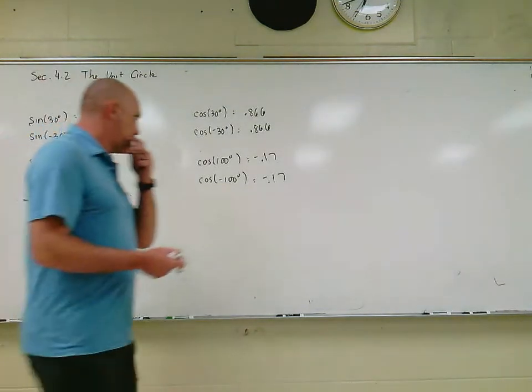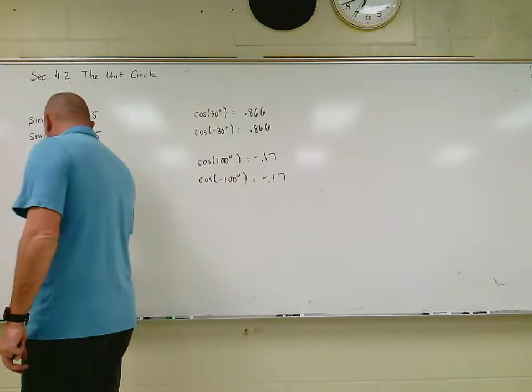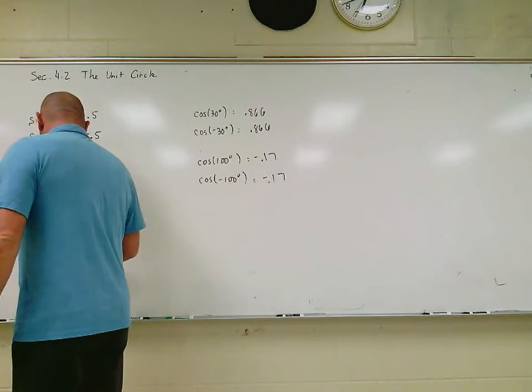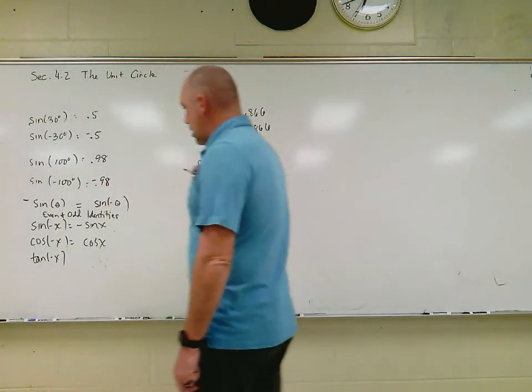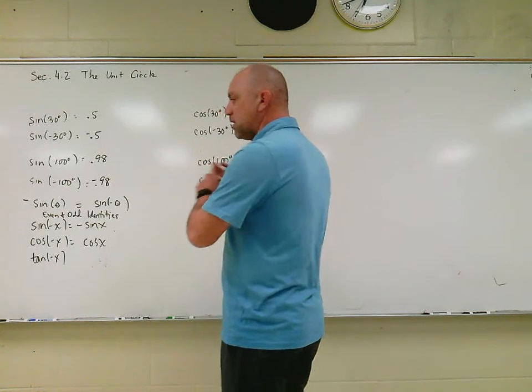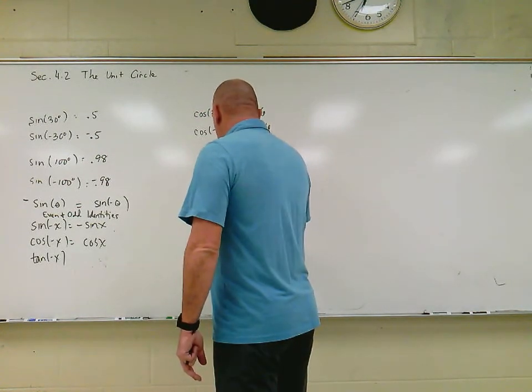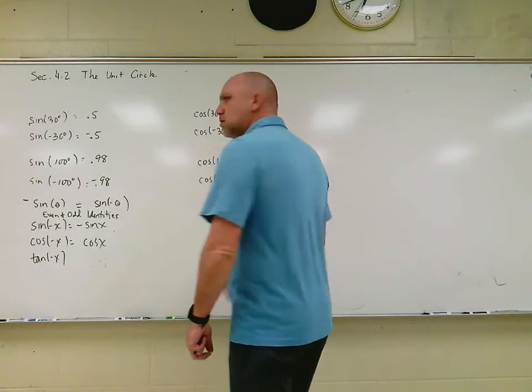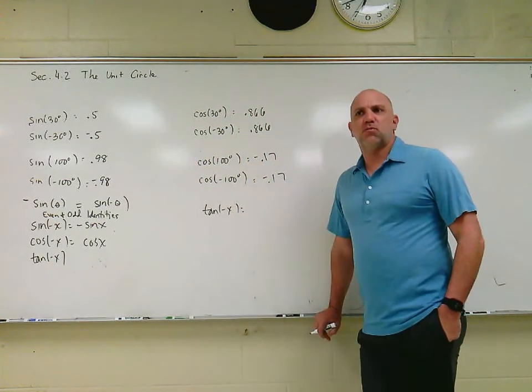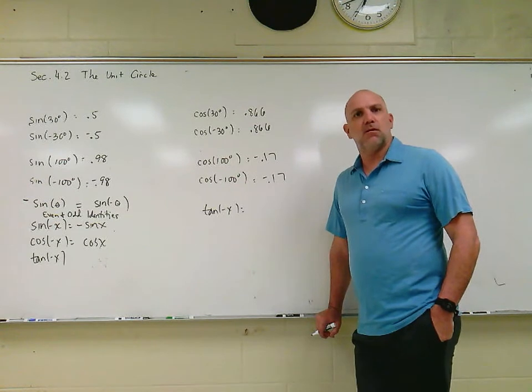So let's say tangent of negative x. I want to derive that, right? Here's how I can do it. I'm going to derive tangent and see what it equals with just x. Is there any identity with tangent that you can write with sines and cosines?